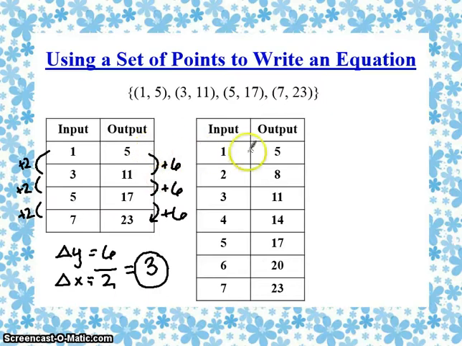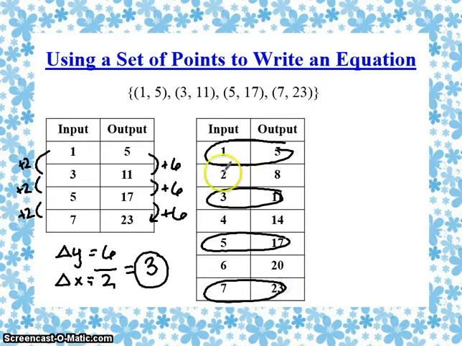So if we took these input outputs, here's the ones that were given in our table, and we added the inputs and outputs in between, we can see that it increases by 3 every time it increases by 1.